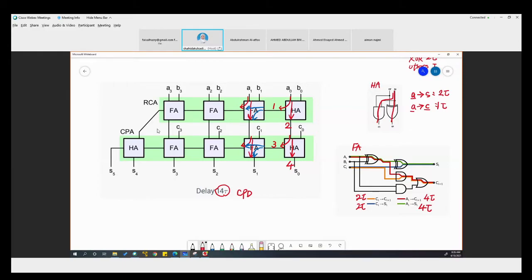From here, from input to carry, A to C is 4, and C to C is 2. Here from A to S, that is 4. And from C to S, that is 2.